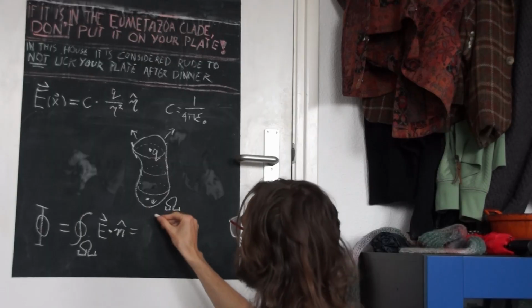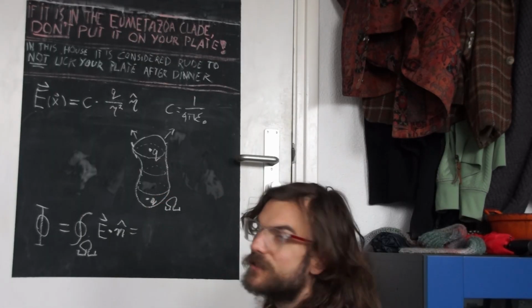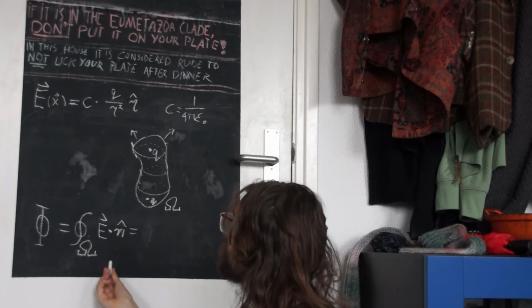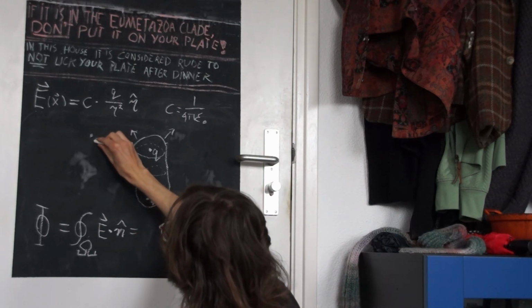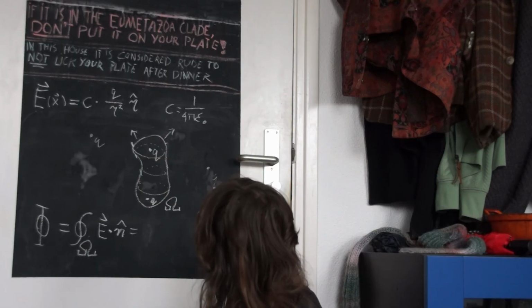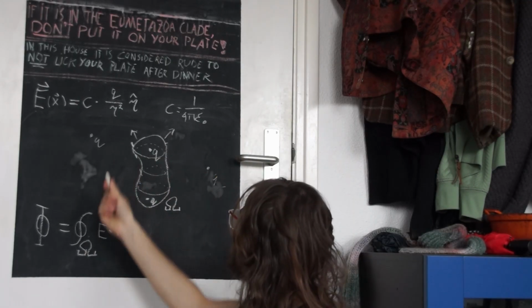You can also put multiple charges in here. And so you can use these flux calculations to sort of count up charges. If we put a bunch of charges here and some here, then there's going to be a very complicated electric field around these charges.